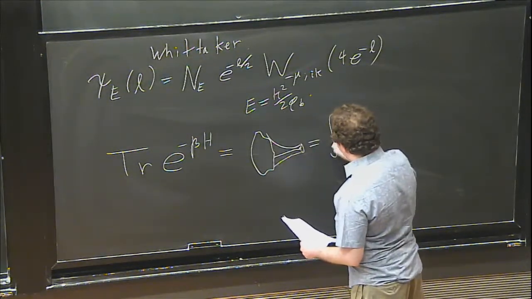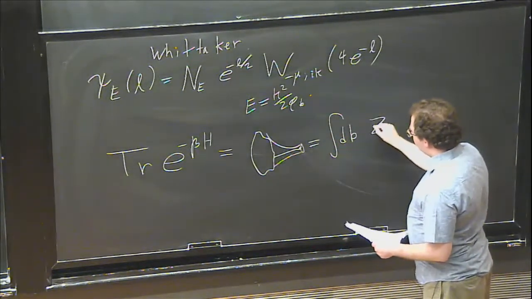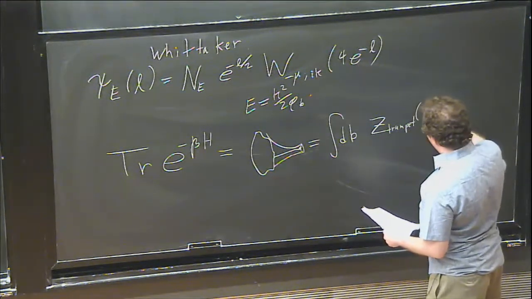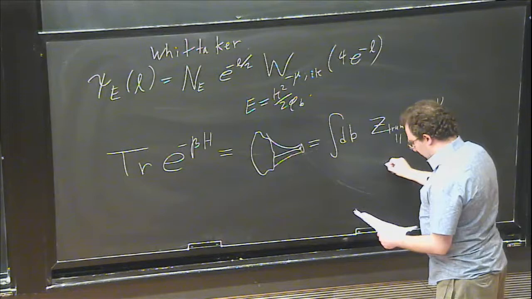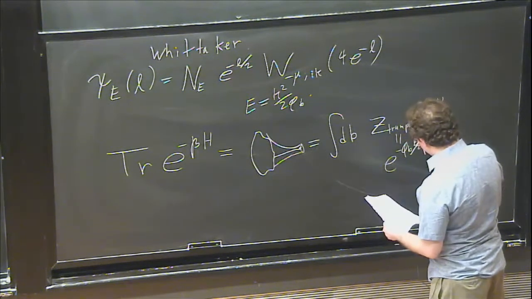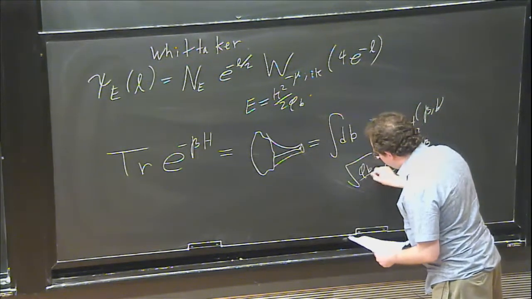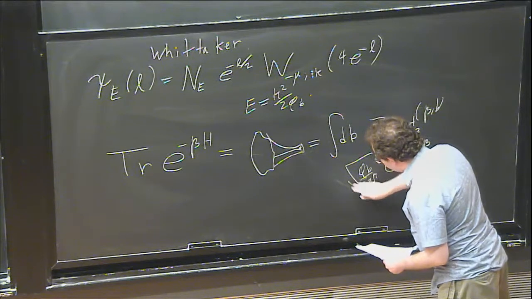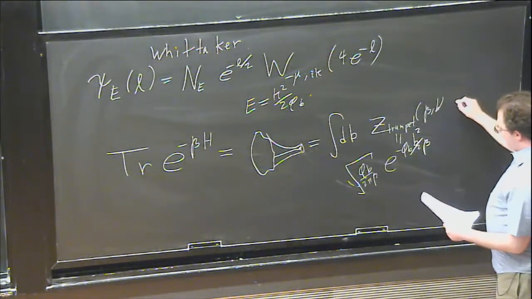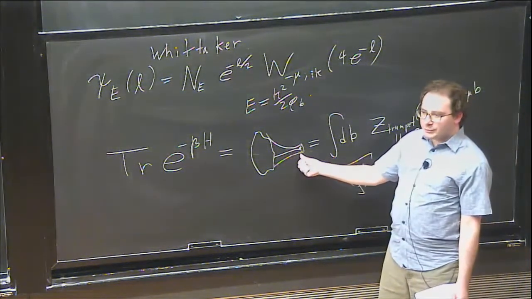It turns out the answer is an integral over b of the factor that was called the trumpet factor by SSS, which is this Gaussian piece that I wrote before. Now I'm putting all the factors back. So this Gaussian piece, and then e to the minus mu b, that comes from the boundary action, which has length b.